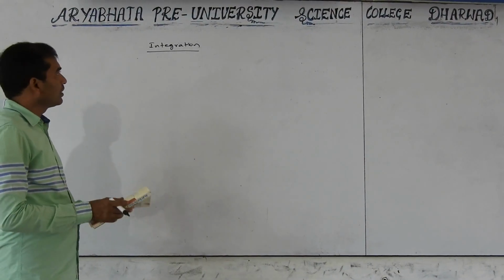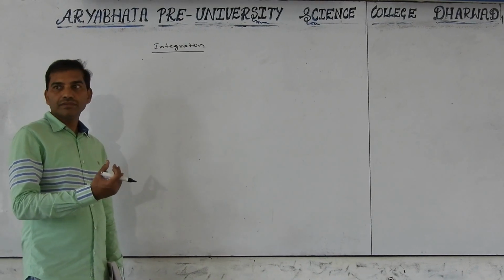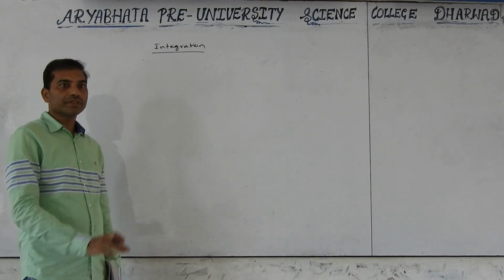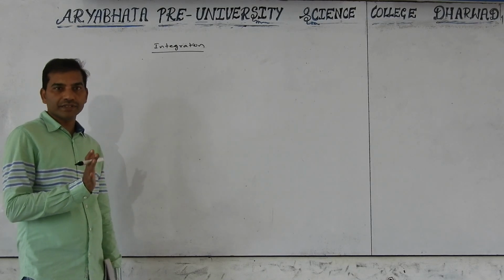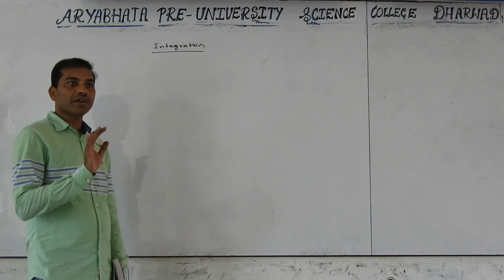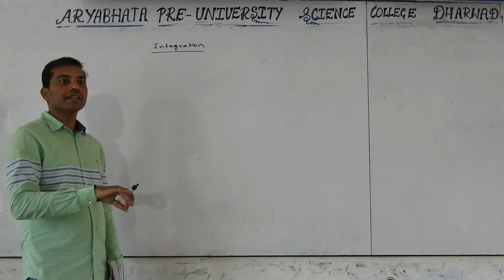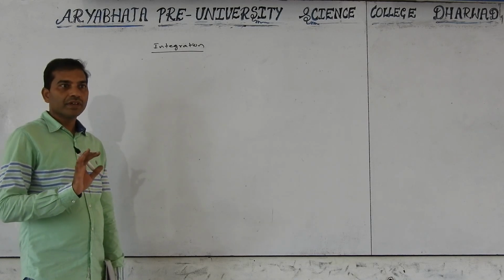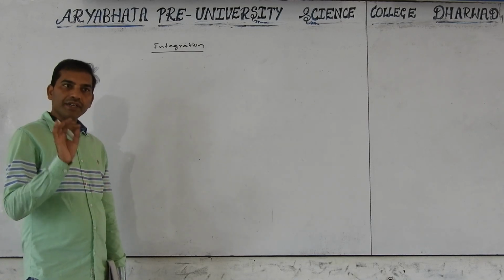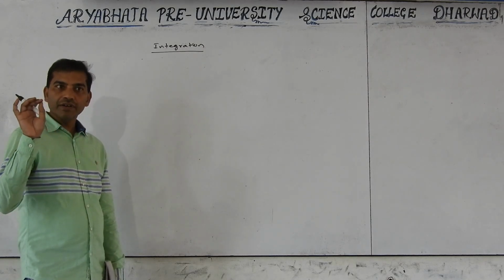So far we have discussed differentiation. By using differentiation, we have done integration problems. The difference between differentiation and integration: all functions are not differentiable, and the same thing applies for integration also; all functions are not integrable. Differentiation and integration are applicable only for functions.